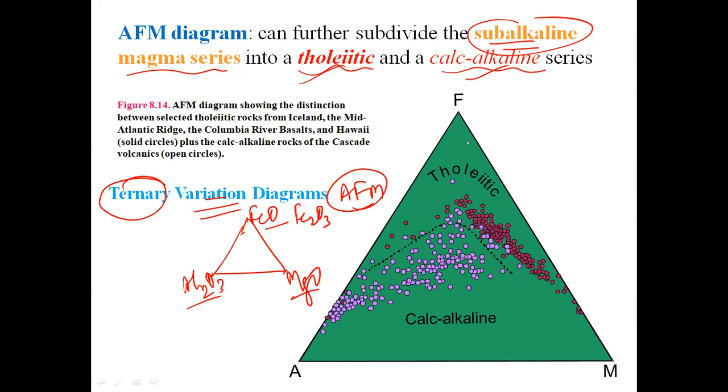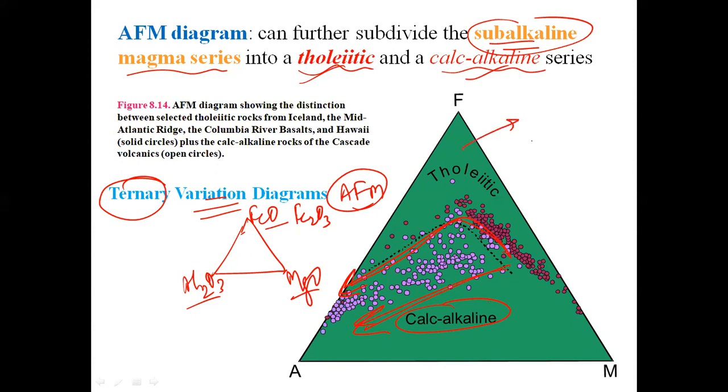Okay. So you can see here this is your calcalkaline magma series, which is moving in this way. And this is your tholeiitic magma series.